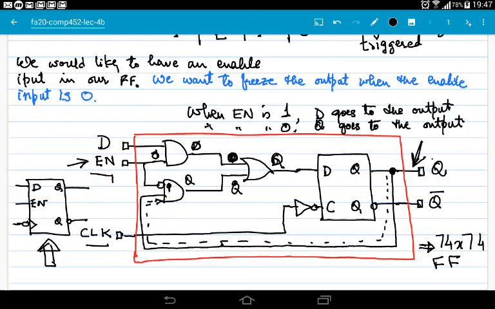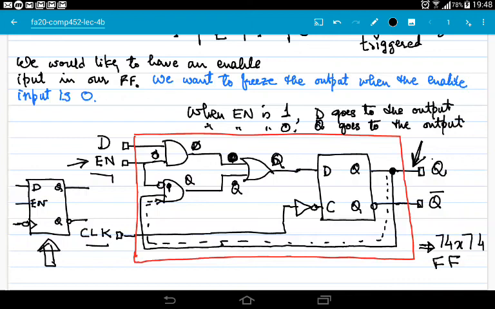There are other ICs which have more than 2 flip-flops, but you get the general idea that this is an SSI device, small scale integration device, and you can use it in your designs.